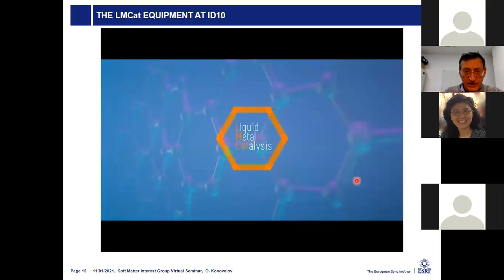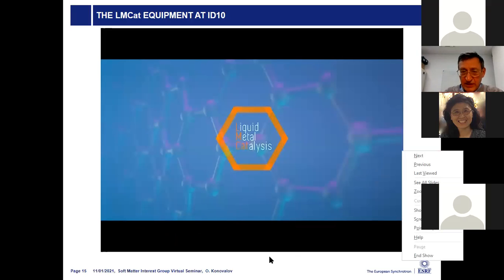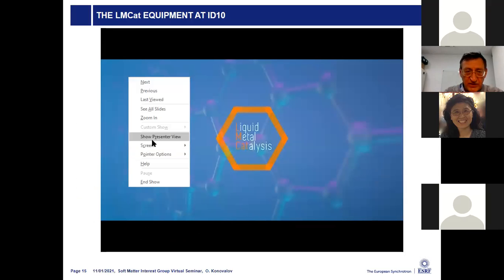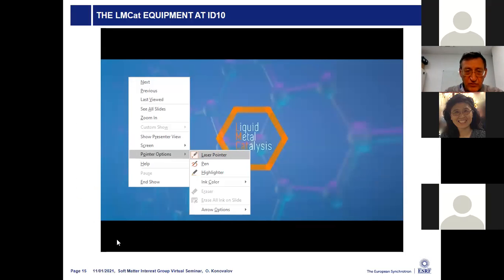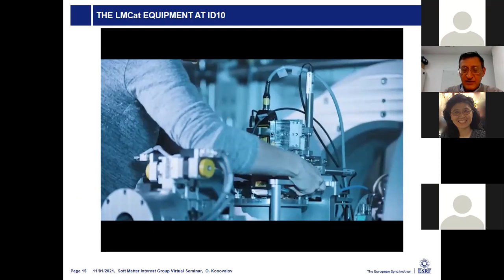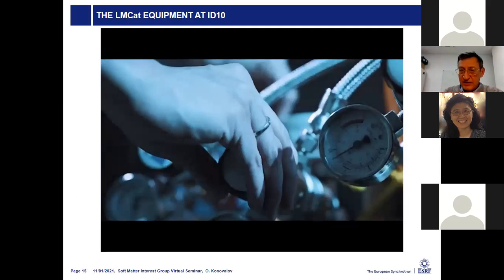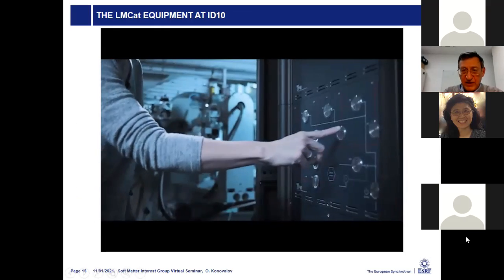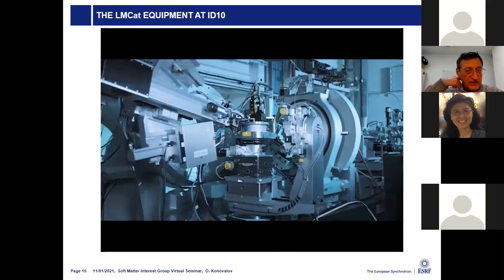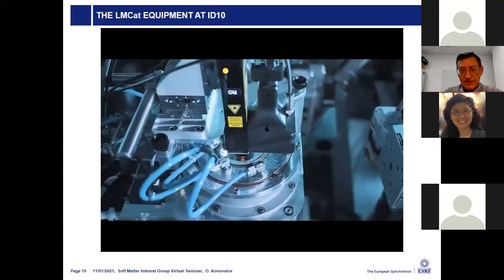So then here on this image, wait a second, I need to remove a pointer. Here you can see a short video of this reactor installed on the ID10 beamline. So then we install it, close it, then we start up our gas system, and then we start growth and measurements.